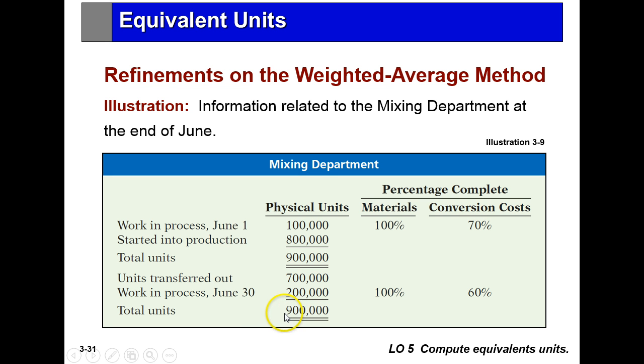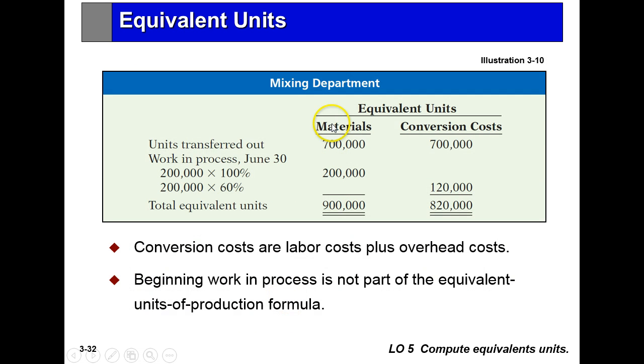So we have to calculate this based on big batches, okay? So units transferred out, 700,000 of materials and conversion costs, but still on hand, you see how it tells us 200,000 at 100% materials, and for conversion cost, 200,000 at 60% complete. This shows us what our conversion costs and materials are.